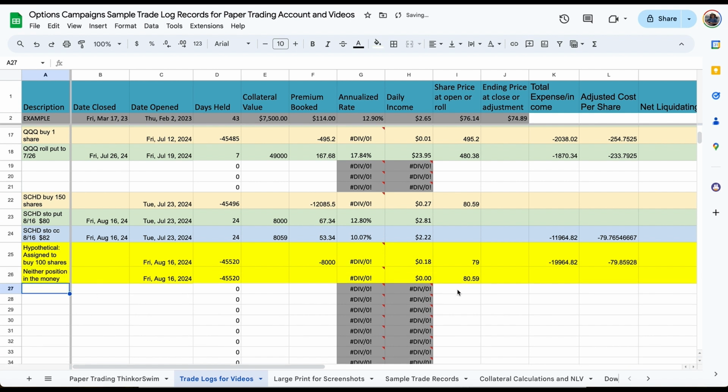If the share price increases, let's say to $83 a share, then I will be assigned to sell 100 shares at the strike price I've agreed to of $82 a share.